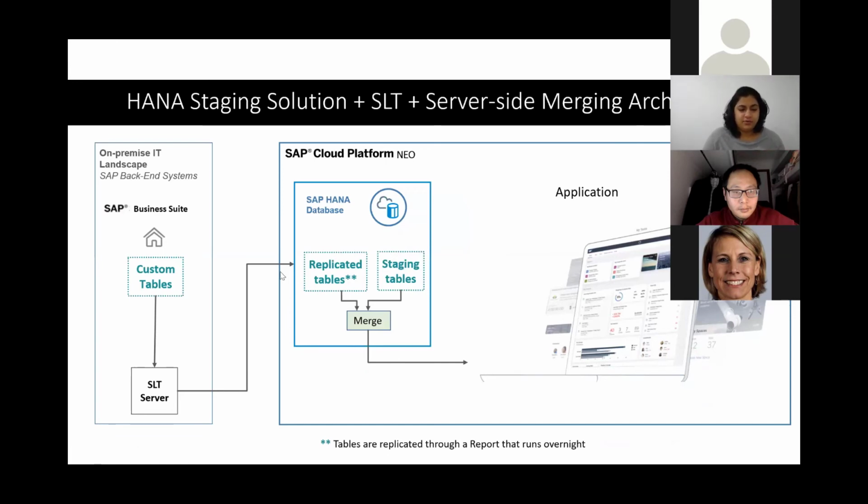At this point, we are not manually updating the tables in HANA. Instead, we are replicating these tables through an SLT. And now, instead of merging in the front end, we are merging at the server level.